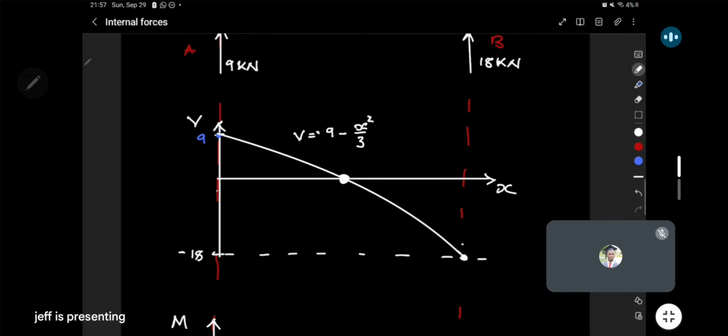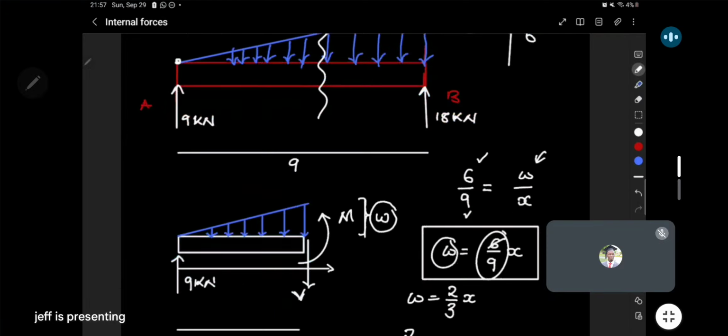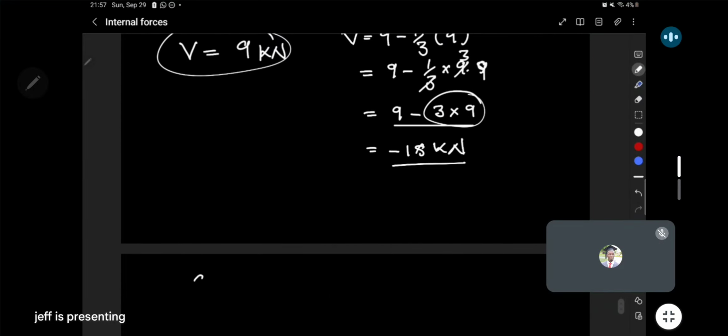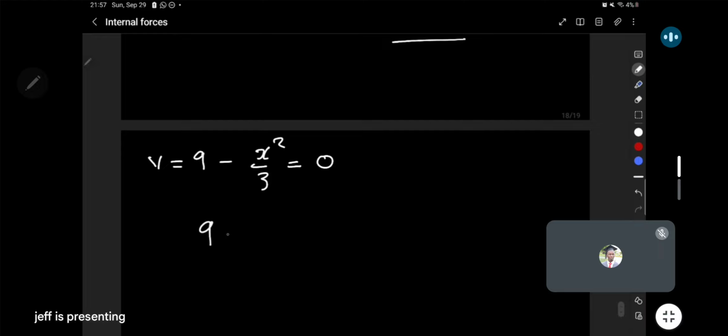So I want to find exactly the value of x at this point, so I'll use this expression. At this point, the shear force is 0 there. The shear force expression was 9 minus x squared over 3. So what will be the value of x when the shear force is 0? I have 9 minus x squared over 3 equals 0.